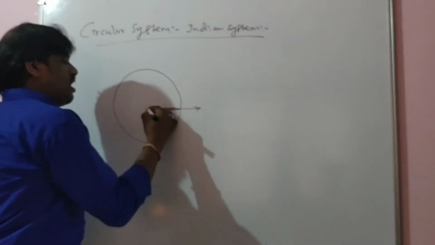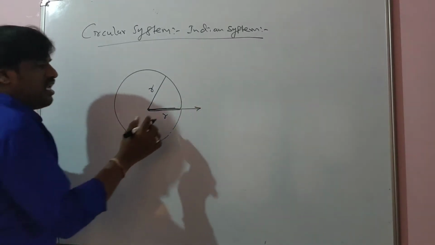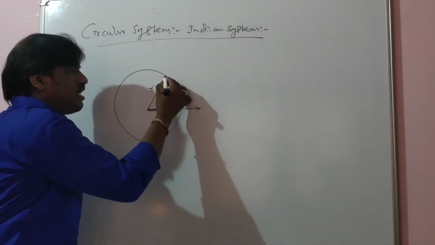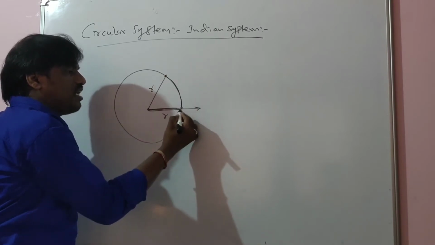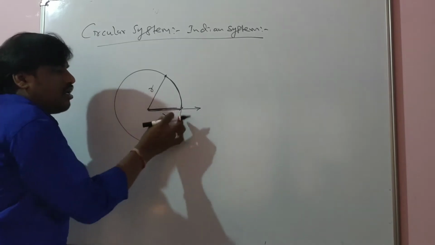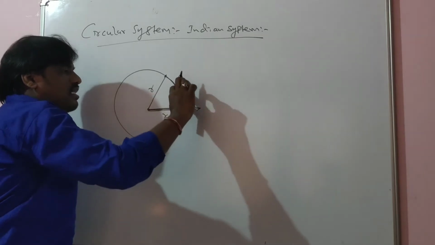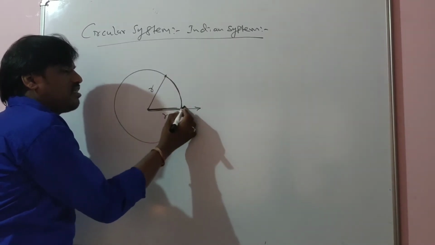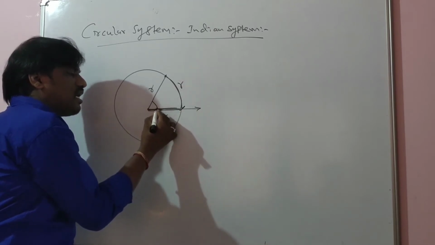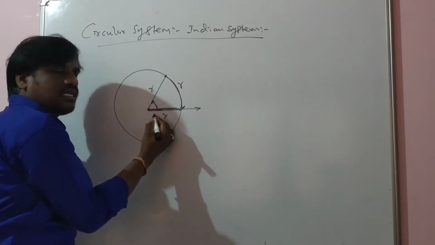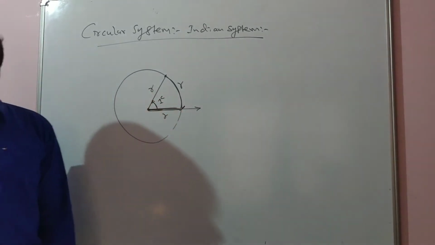And if I take one more radius, suppose the length of the arc is equal to the length of the radius, meaning the measurement of the arc is equal to the length of the radius. The angle this makes at the center is called 1 radian.